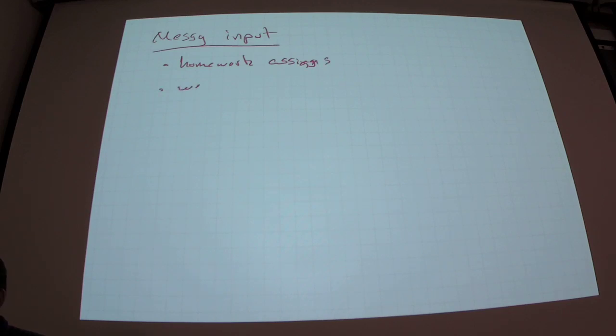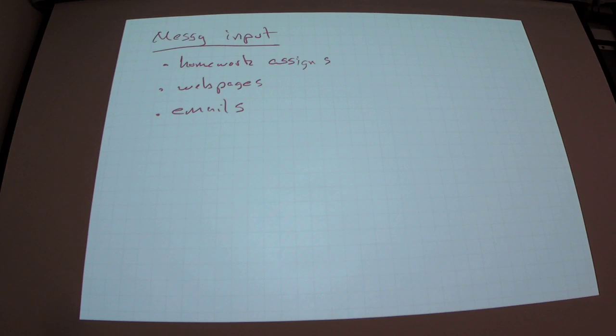It could be something like web pages, or some collection of emails. For homework assignments, I might want to know whether two homework assignments are such that one is likely a copy or plagiarism of the other, or nearly a plagiarism with a few things changed.